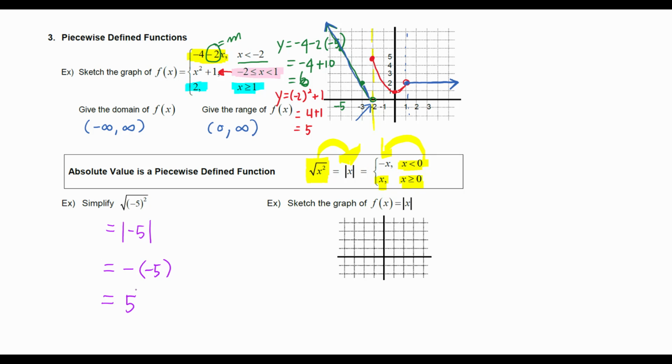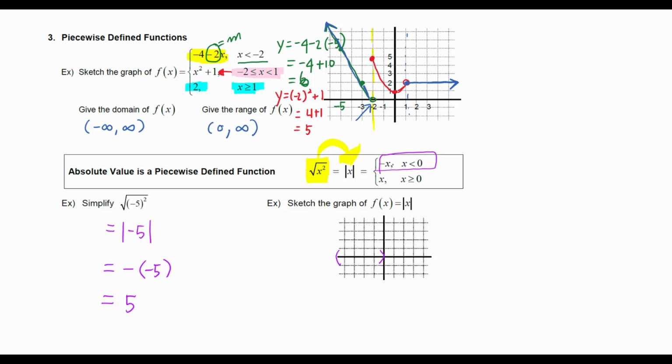Sketch the graph of f of x equals absolute value of x, and this is a very famous parent function. And you can actually graph it from the definition above. So absolute value of x is negative x for all x less than 0. For all x less than 0 is negative infinity to 0. So from x negative infinity to 0, your graph is y equals negative x.